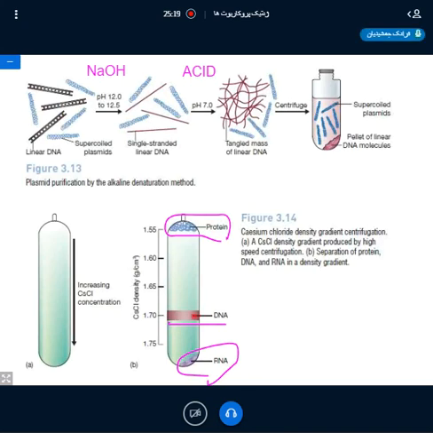If we want the DNA, I can, for example, take the DNA from the column and use it.